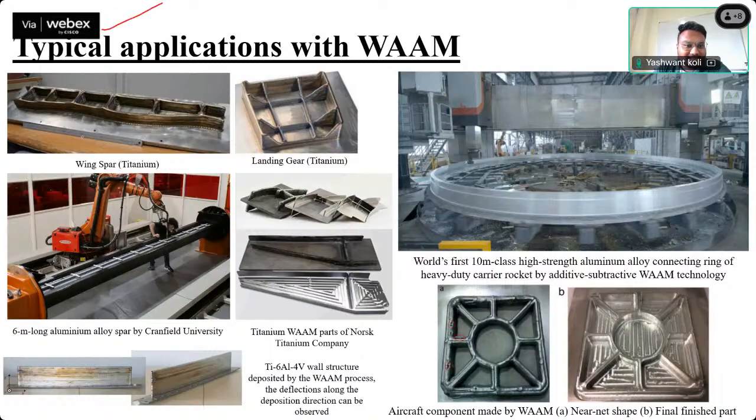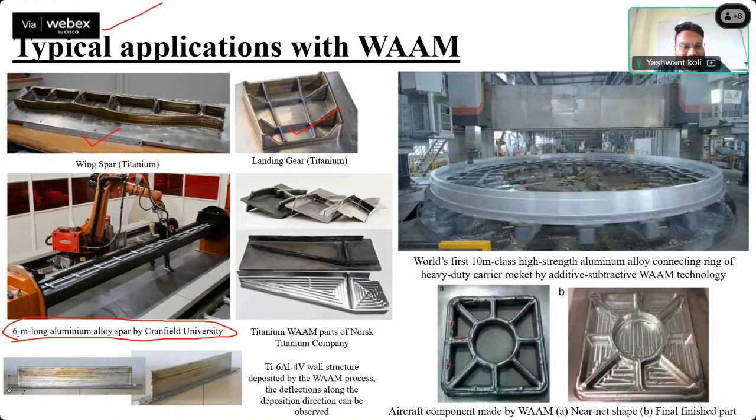You can see a wing spar made of titanium, and a landing gear, also made of titanium. Cranfield University, you may have heard about this, is working with WAM 3D.